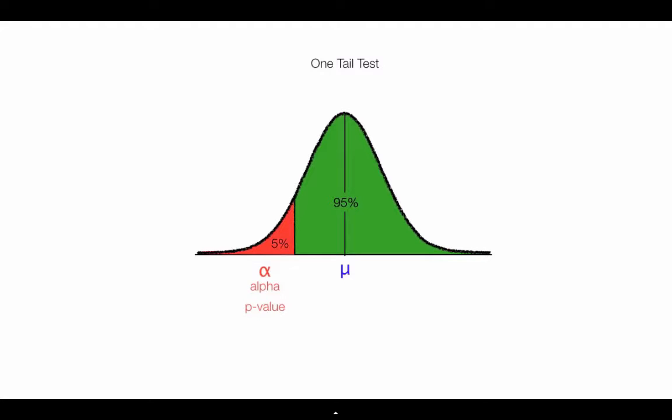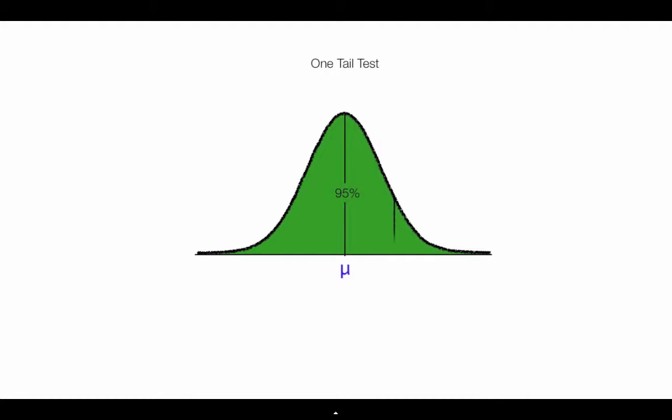Also to be used as the p-value. It's typically called the rejection region. The sample mean has to show up in the red area or in the green area because these two add up to 100%. In this example, I'm using a 95% confidence, and you could actually use any level you wanted to.